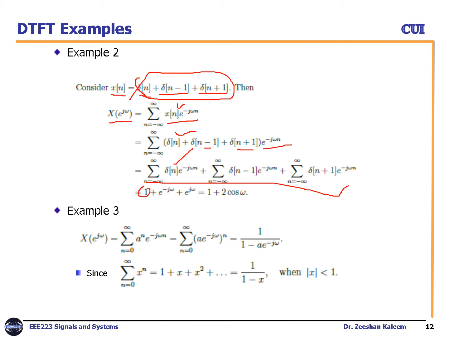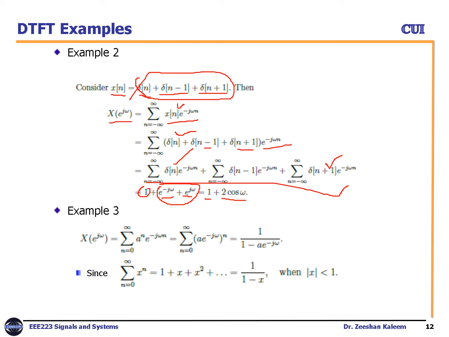When you put n equals 0, it becomes 1. When you put n equals 1, it becomes e^(minus jω). When you put n equals minus 1, it becomes e^(jω). You know that e^(minus jω) plus e^(jω), divided by 2, is equivalent to cos ω. So we replace them by 2 cos ω plus 1. So this is your solution.